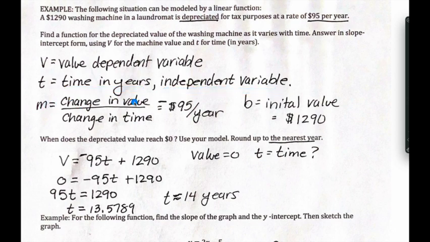The change in the value per the change in time, that's our slope or our rate of change that was given to us in the problem as it decreases $95 per year. So this is going to be a negative 95 for our value of M. Now our B, our initial value, it says the washing machine starts at a value of $1,290.